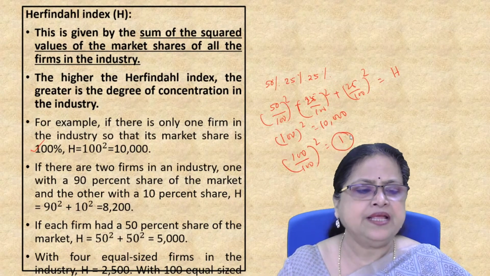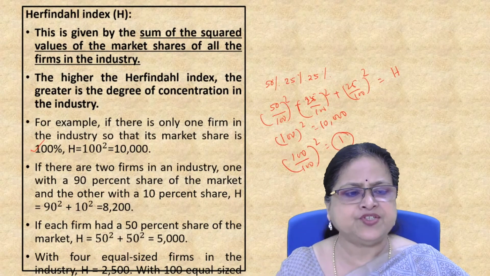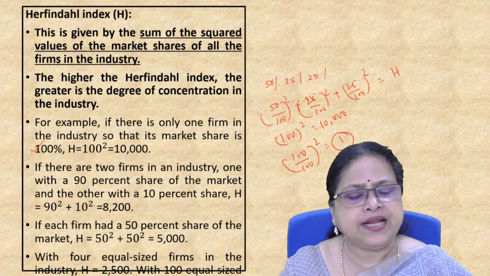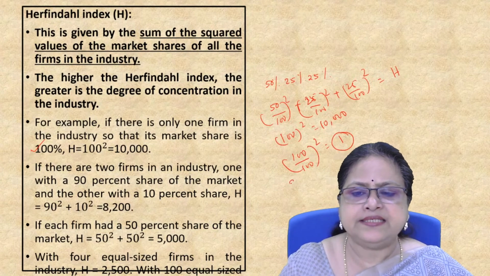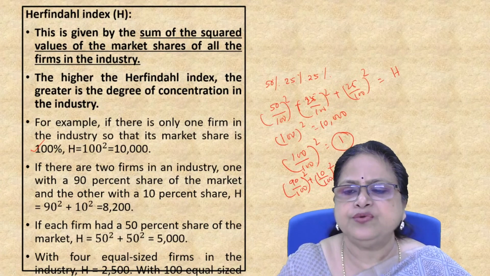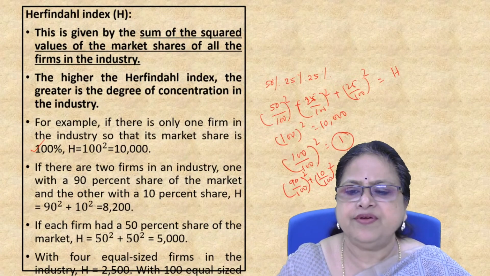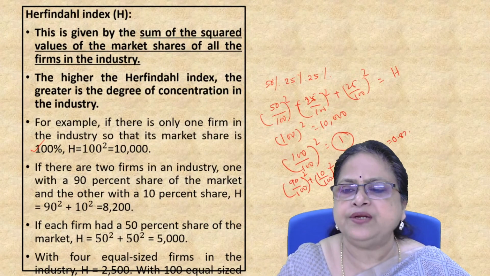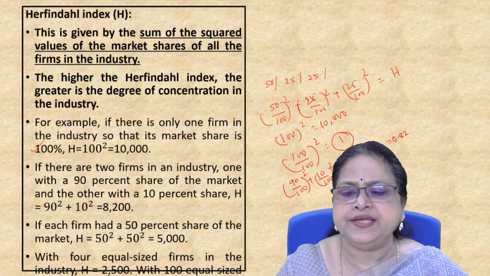That is the measurement. If there are two firms in an industry, one with a 90% share of the market and the other with 10%, then that is (90/100) squared plus (10/100) squared, which is equal to 8200 divided by 10,000, almost equal to 0.82, or you can say 82%.